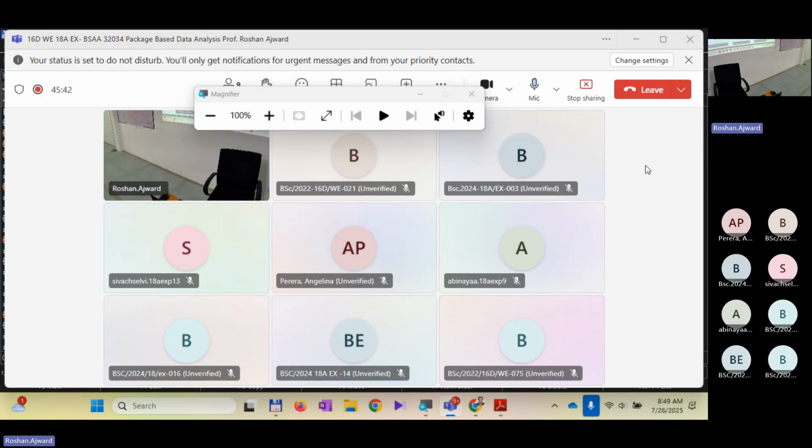Now we are going to extend our discussion to analysis. What's the first type of analysis that we did? Descriptive analysis. We performed all kinds of descriptive analysis based on the type of the variable, whether it's a categorical variable or a continuous variable. If it was a categorical variable, we performed a frequency analysis.